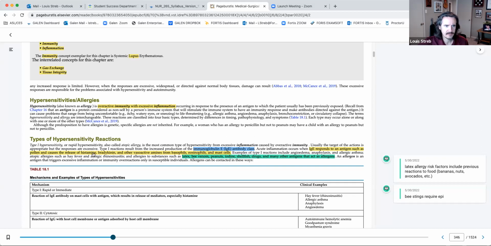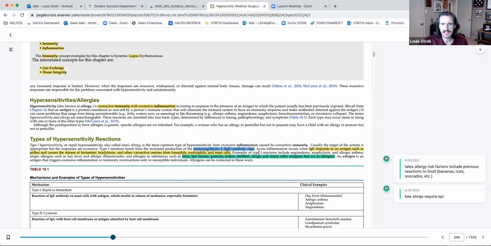Like pollen, it releases histamines, bradykinin, it has the vasoactive basophils, the eosinophils, the mast cells. We're talking about your white blood cells, right? How your body starts to go out there and start attacking any kind of foreign substance. That's all we're talking about. There's just a lot of things going on.